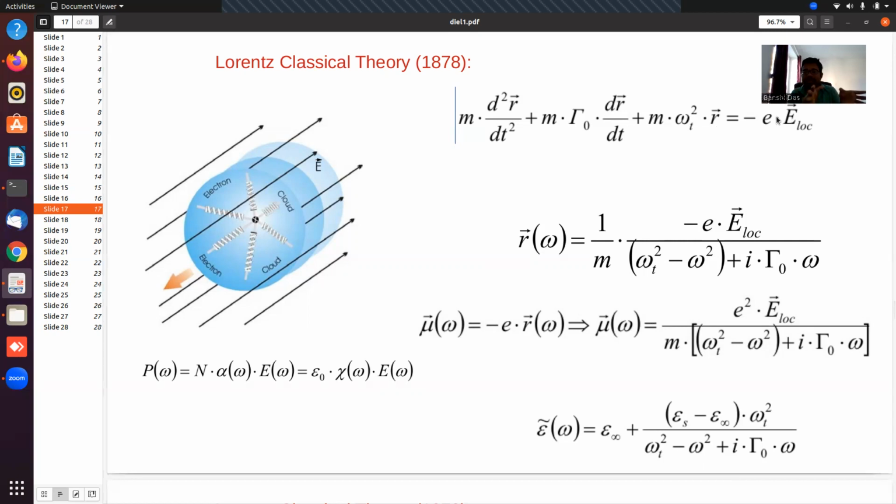On the left hand side is the force that this black point of interest experiences. So this is m multiplied by acceleration, d2r/dt2, plus this frictional force. Frictional force means friction multiplied by velocity.